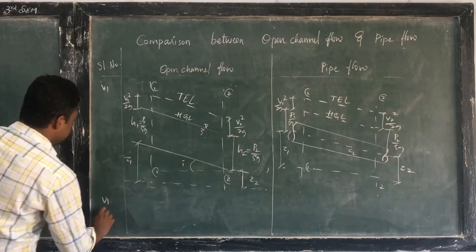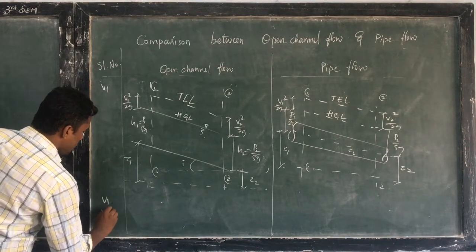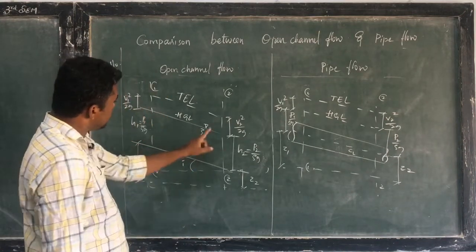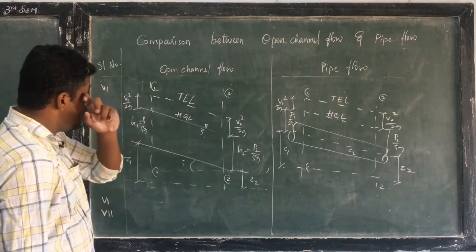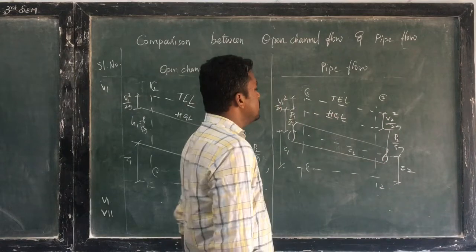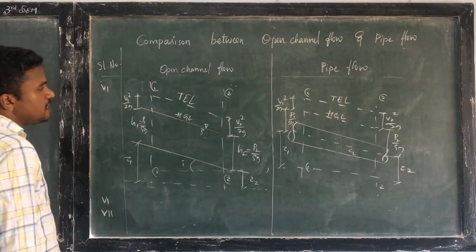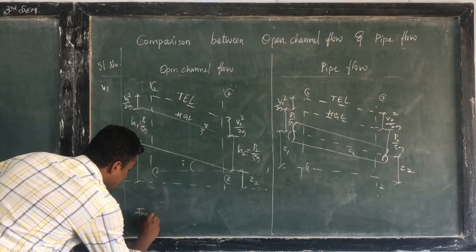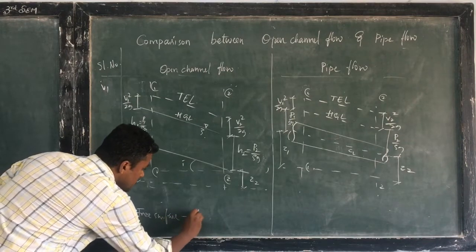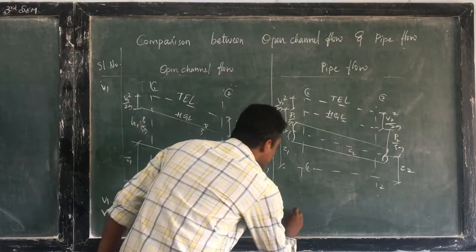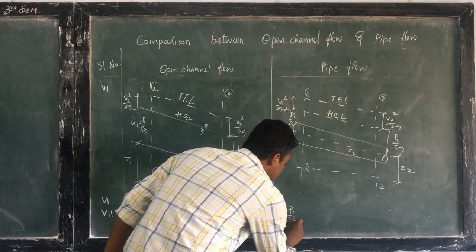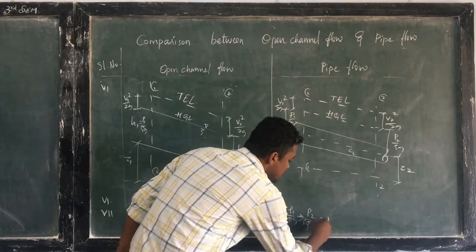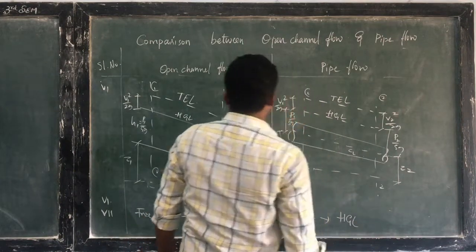The seventh point is that the free surface itself is considered as the hydraulic gradient line, and here we have a different hydraulic gradient line, and of course the total energy line. So the free surface is considered as the hydraulic gradient line, and here the line drawn at P1 by rho g to P2 by rho g is considered as the hydraulic gradient line.